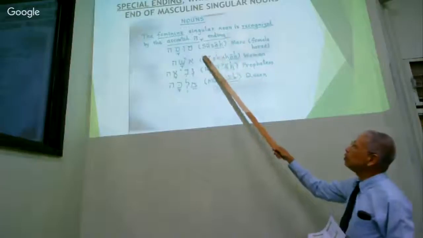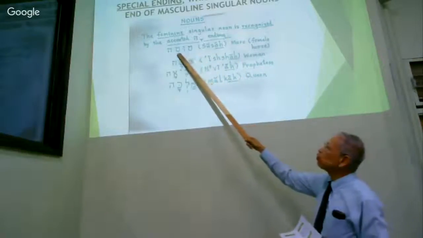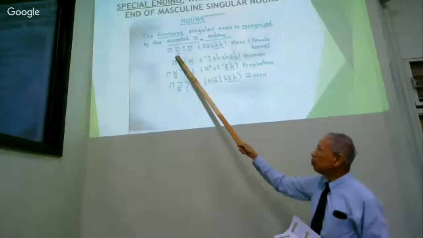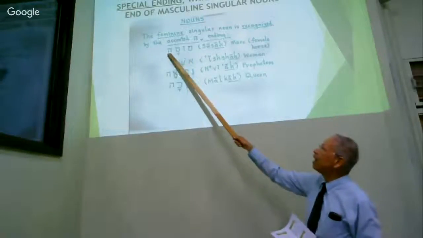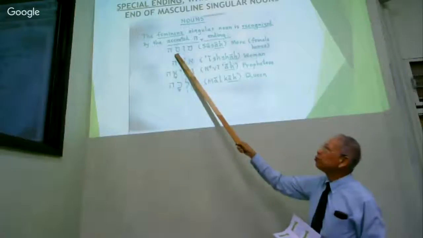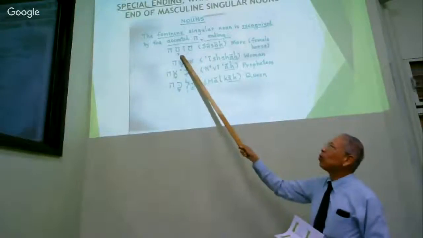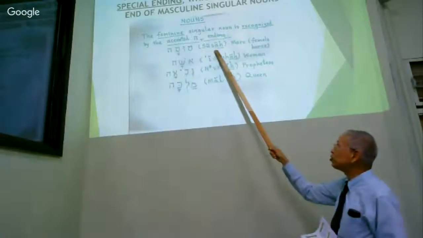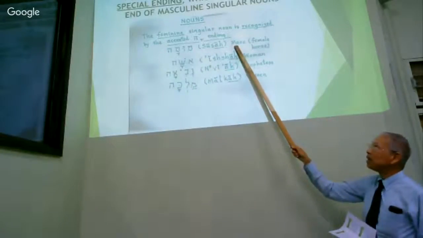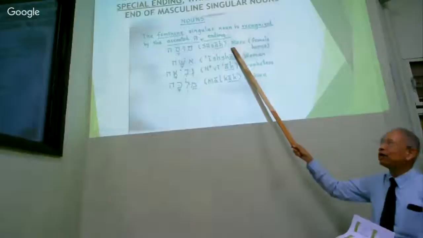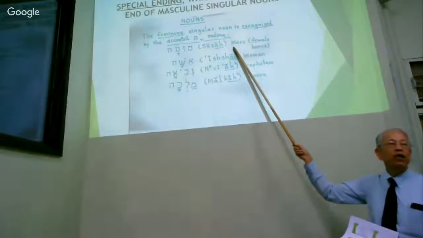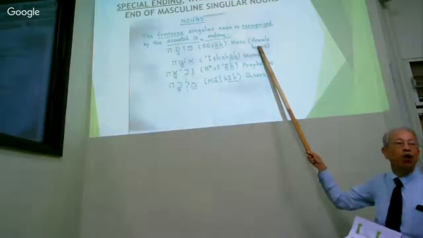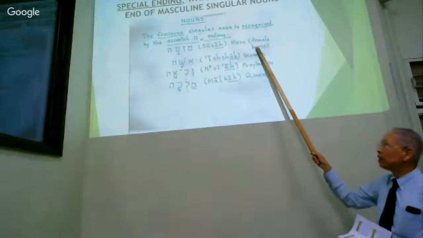For example, Sus means horse, masculine. But you add Thomas A and A at the end of Sus to give you the word Susa. And Susa means mare, and mare, a word that we hardly use anymore in the English language, is a female horse.